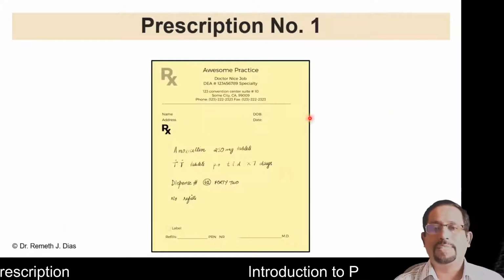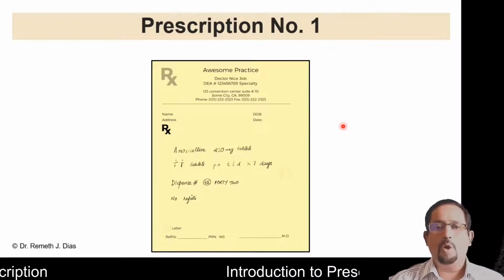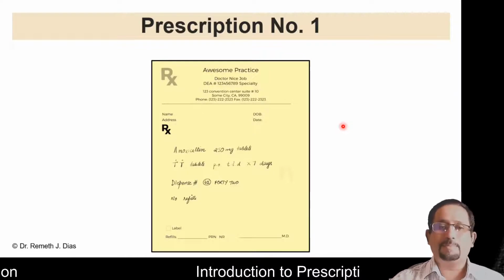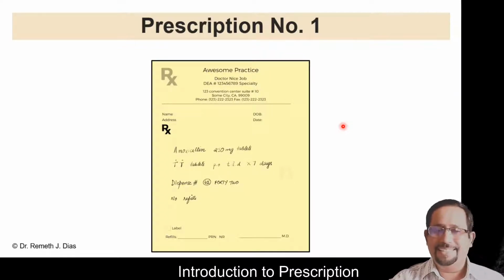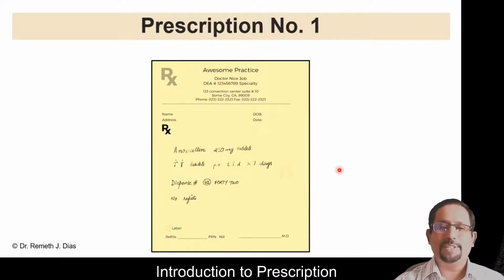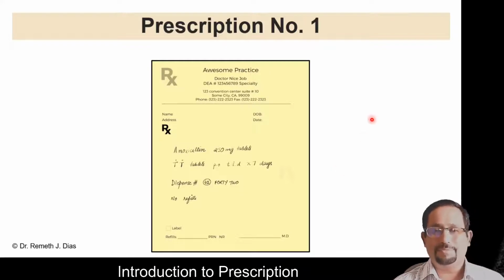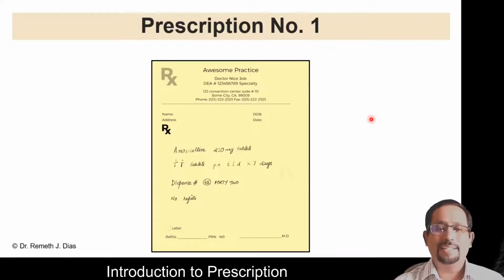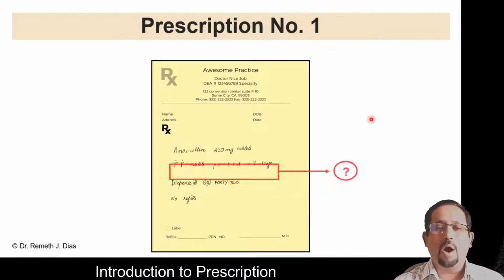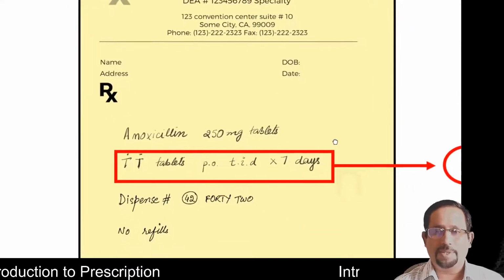Now you have seen the different parts of prescription, and I hope that you will be able to identify various parts of prescription in this sample prescription. So I would like to request you to pause the video and answer this question. Record your answers in the record book. So you can see here, this is the part of the prescription.